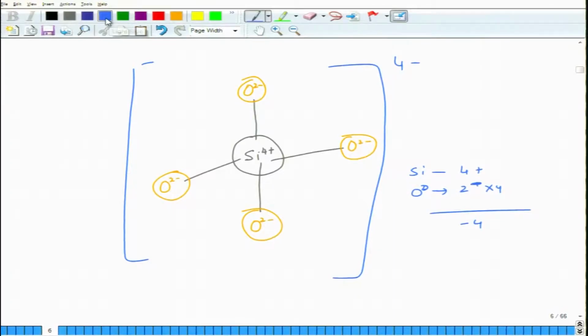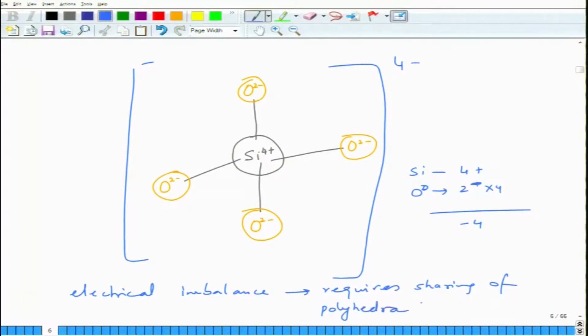So the minus charge means there is electrical imbalance, and this requires sharing of polyhedra. Now, how does this sharing work, which means whatever oxygen is there has to be shared between the polyhedra.